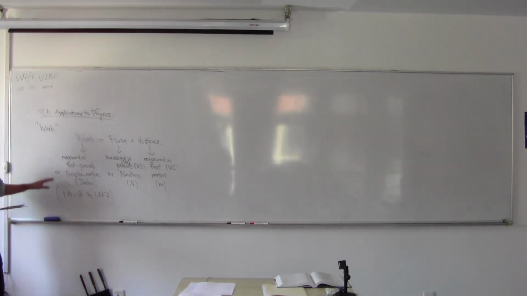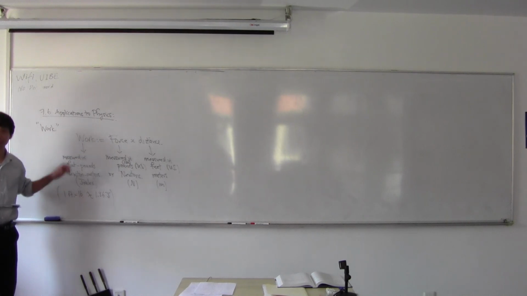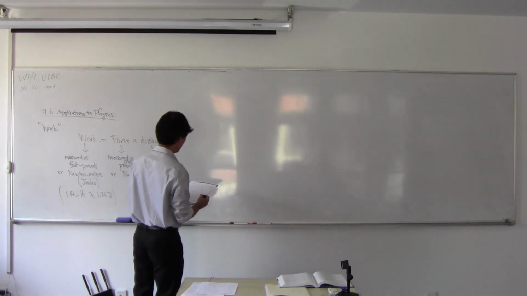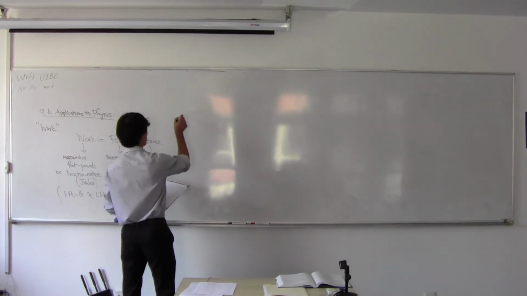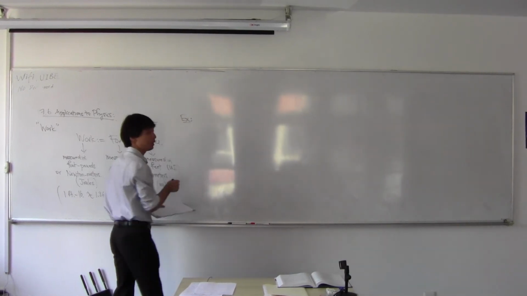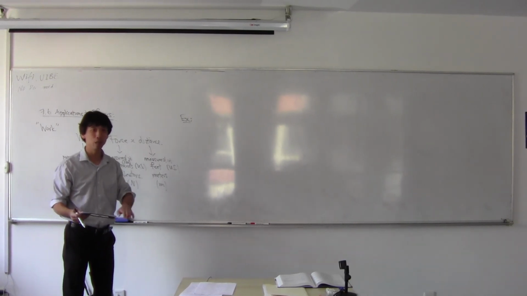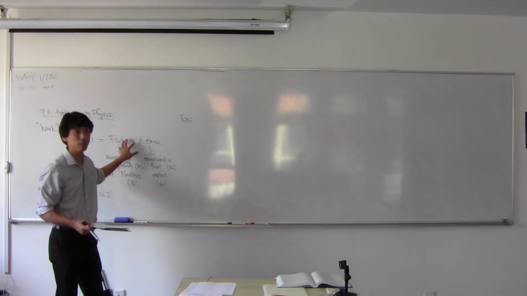Okay, so anyway, work is defined as force times distance. So let's just do some examples of how you calculate work. If it's just a constant force and you're moving something through that constant force over a distance, then you just take force times distance.